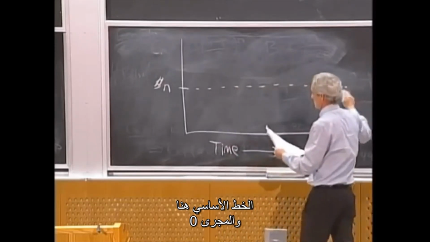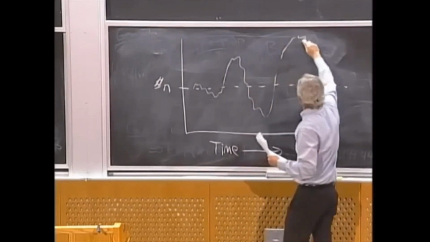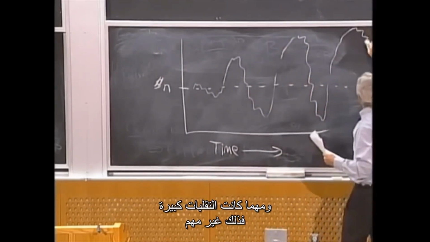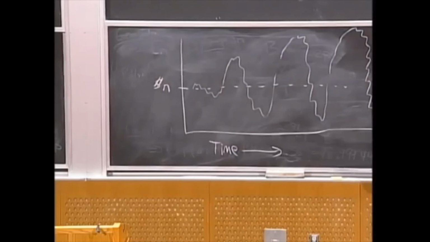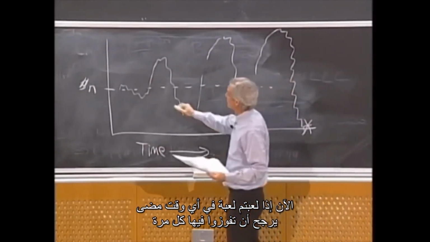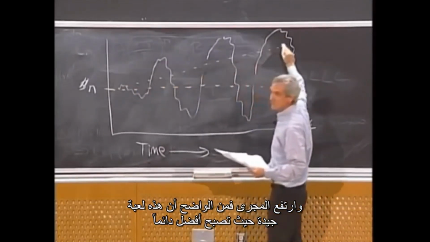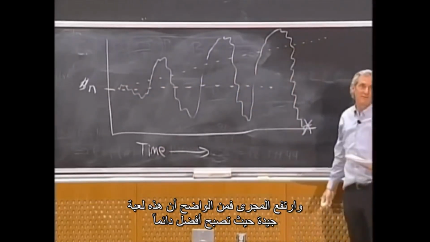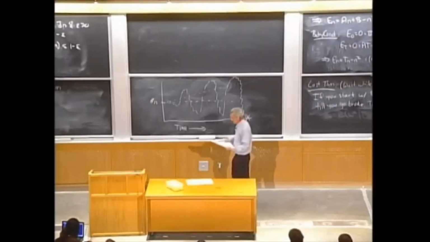The drift is 0. I'm going to have swings. I might have some really big high swings, but it doesn't matter, because eventually I'm going to get a really bad swing, and I'm going to go broke. Okay, now if you ever play a game where you're likely to be winning each time and the drift goes up, that's a good game to play, obviously. It just keeps getting better. And that's a whole math change there.